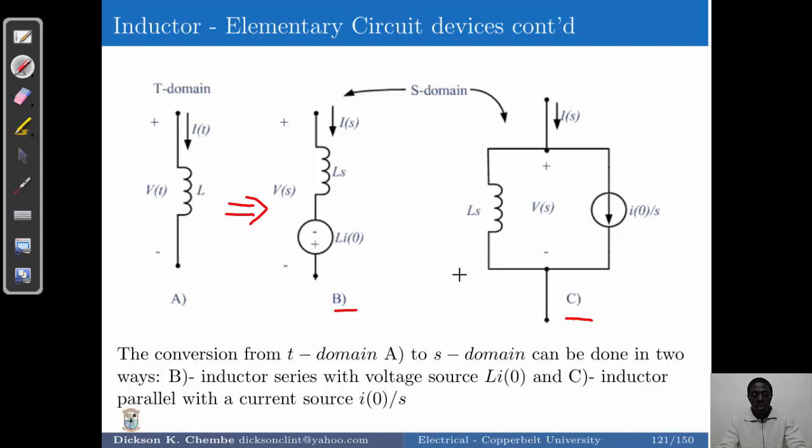These are the two options that you have. You notice that the voltage source value is calculated from L times i(0), which is the initial condition, and similarly the current source value is calculated from the initial condition, i(0) over s. And that is how we solve these. We utilize these two choices.